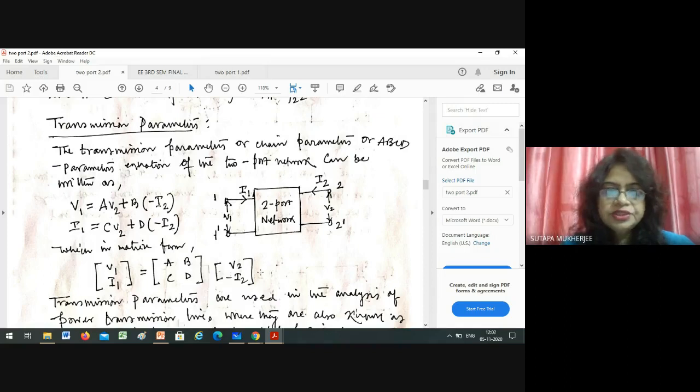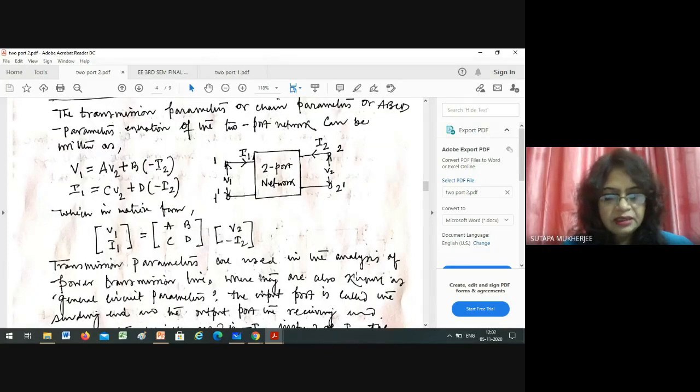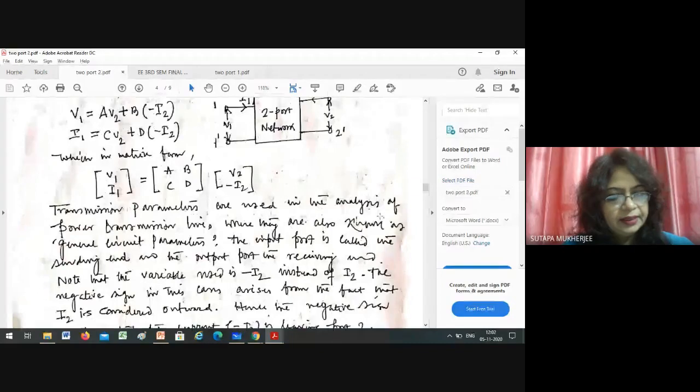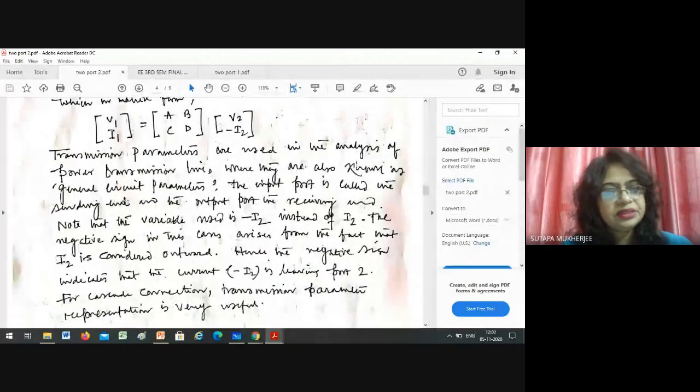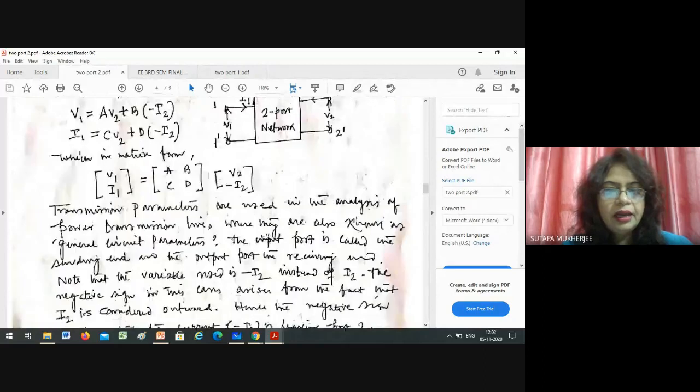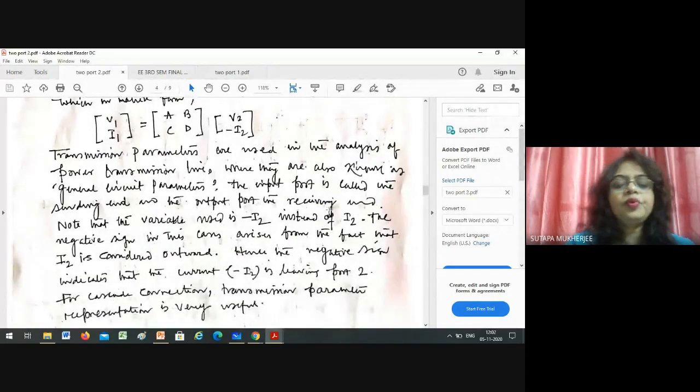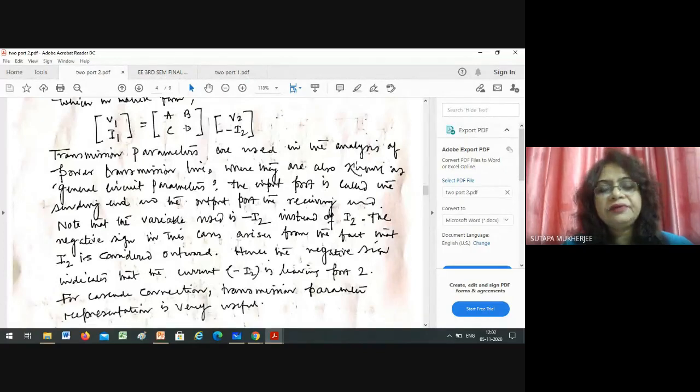Now the transmission parameters are used in the analysis of power transmission lines, where they are also known as general circuit parameters. The input port is called the sending end, and the output port is the receiving end. In our practical field, ABCD parameters are very important.